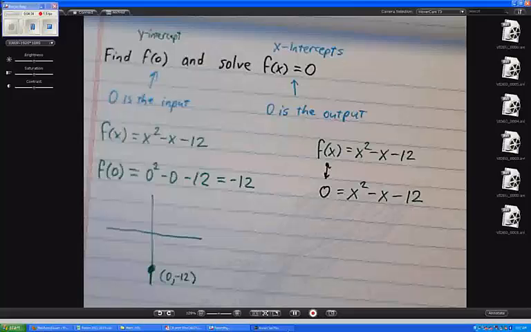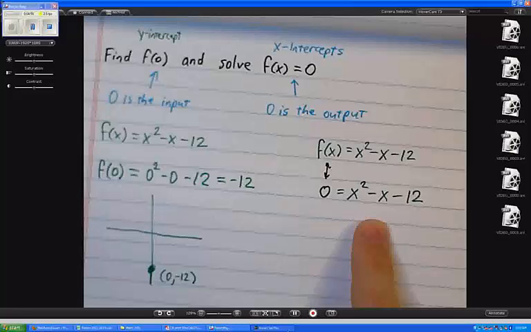Okay? So here's a quick question for you. What's easier, finding y-intercepts, which is the first thing I did, or finding x-intercepts? Y-intercepts are easy for functions, because you already have y equals, all the other stuff's gone away. Can you find x-intercepts?